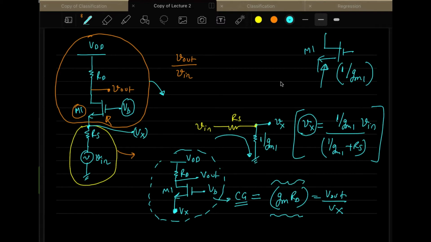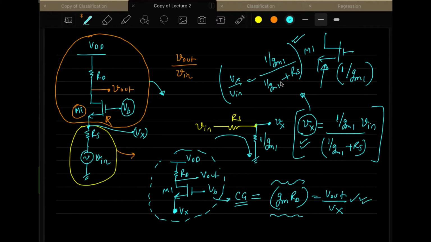So now you can multiply this and this here. You can write it as Vx over Vin equal to (1/gm1) over (1/gm1 + Rs). Now you can multiply these two terms together.